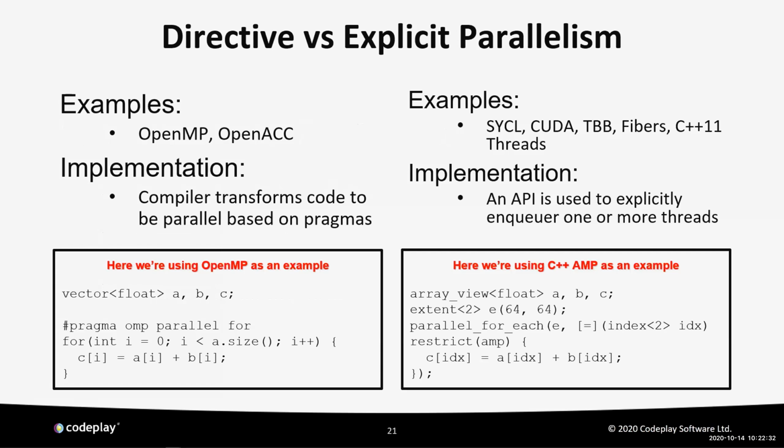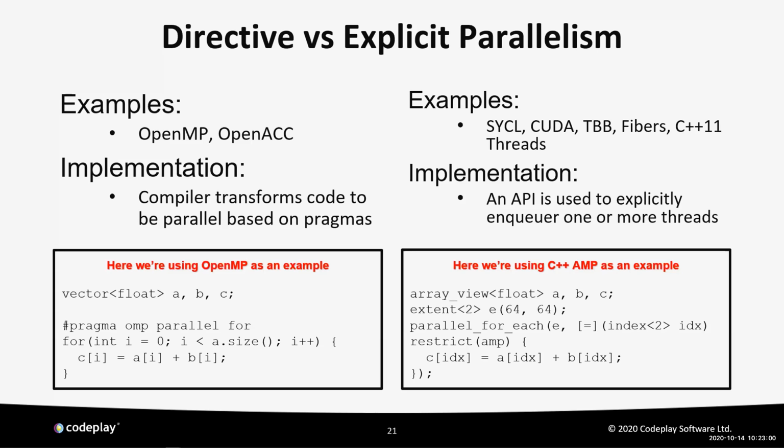Under the directive versus explicit, I've had experience in almost all of these, being the CEO of OpenMP at one point, and I was deeply involved with the interaction with OpenACC, and that is mostly a directive-based programming model. So here's an OpenMP example where you have to use something like pragma omp parallel for, and it's essentially a compiler transformation of the code to be parallel based on the pragmas.